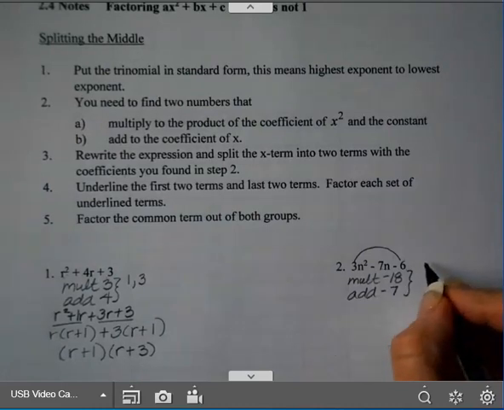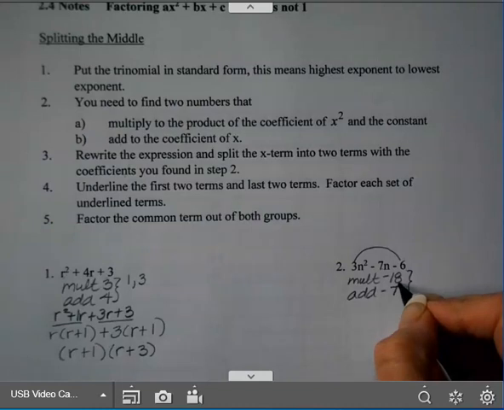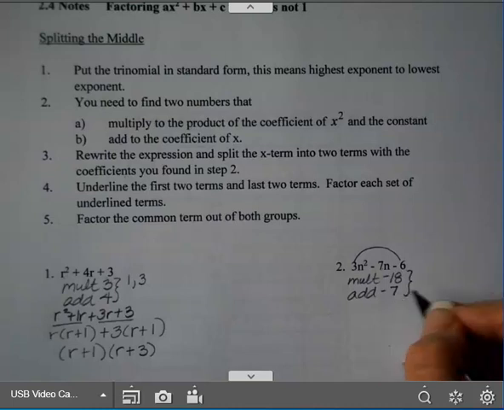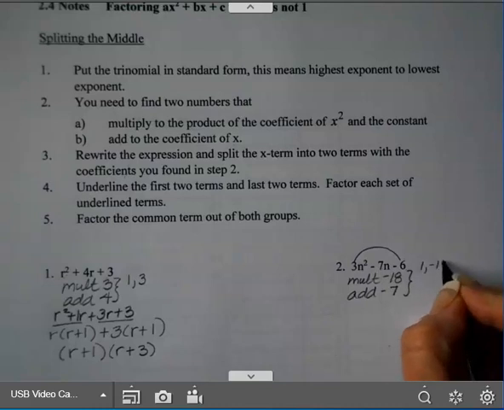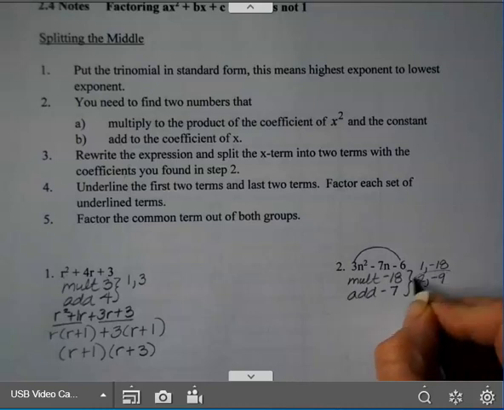So if you get stuck, they need to multiply to a negative. So one's positive, one's negative. It's going to add to a negative, so the bigger number you're going to have to put a negative sign on. So you have 1 and negative 18. That didn't work. That doesn't add to negative 7. 2 and negative 9. There's my pair.